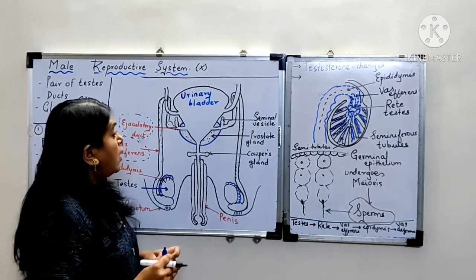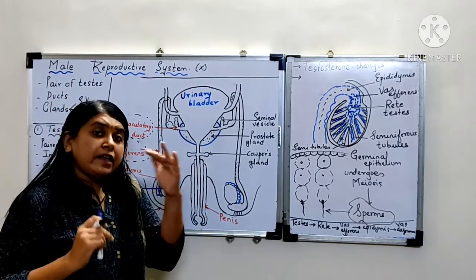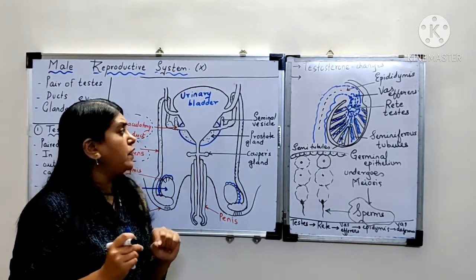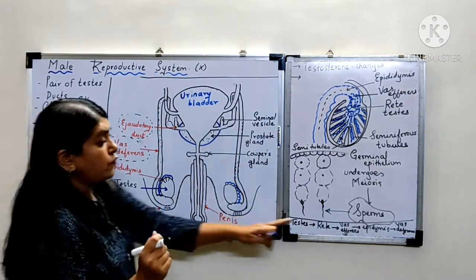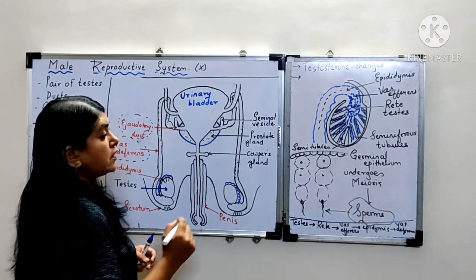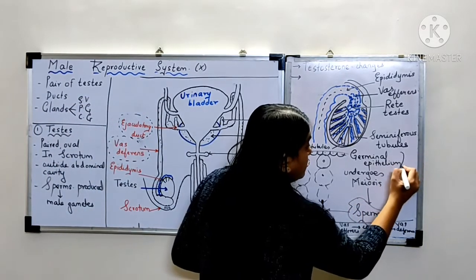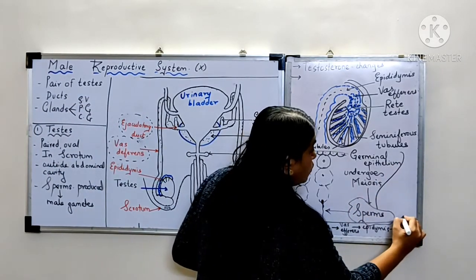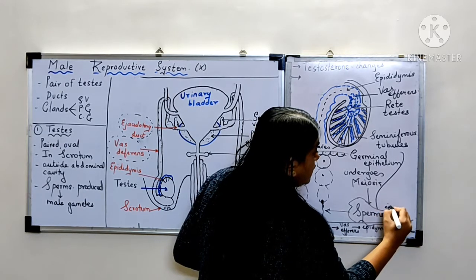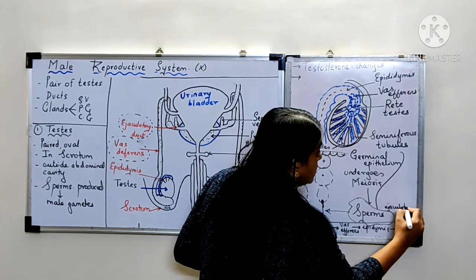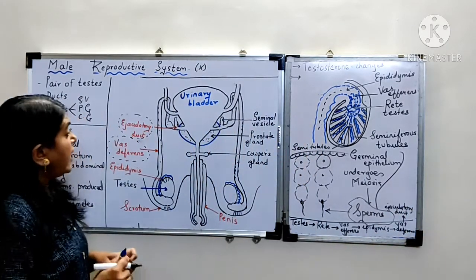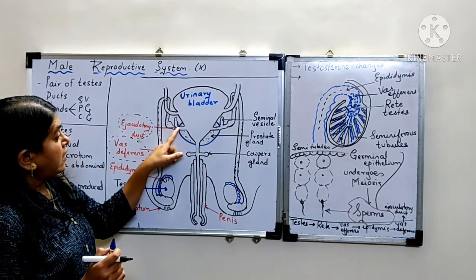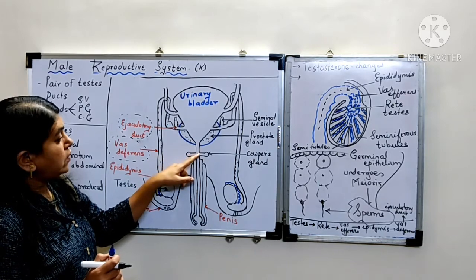I will first show you the path and then I'll explain the function of everything. So from vas deferens, they are moving, see here I am writing, to the ejaculatory duct.